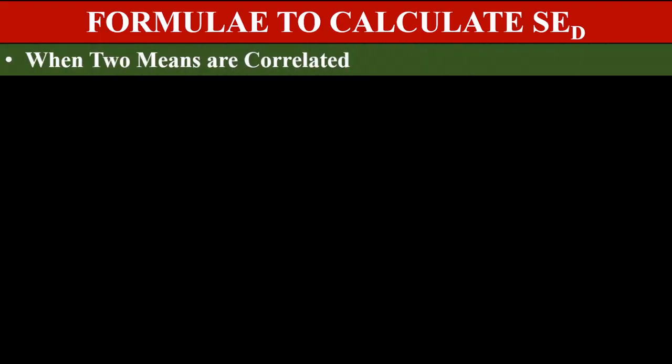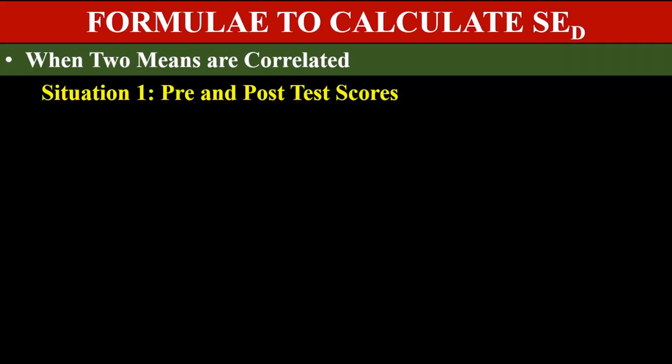Now, second condition: we have seen the formulas to calculate the standard error of difference between means when two means are uncorrelated. Now we are going to see when two means are correlated. In three situations, two means are said to be correlated. Situation number 1 is pre and post test scores.